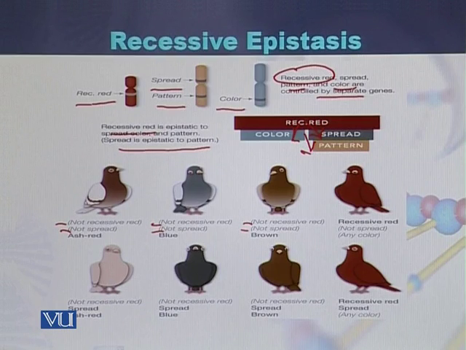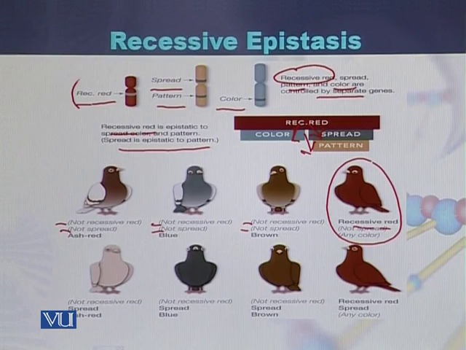But if there is recessive red, like in the case of this pigeon, here is a recessive red, which is this gene present on this chromosome. If there is a recessive red, then the color of the pigeon will be different from the other three pigeons.